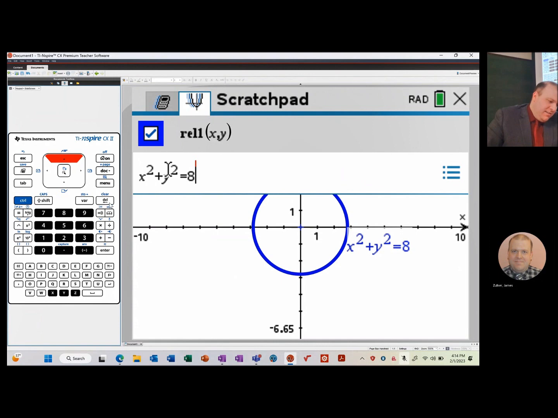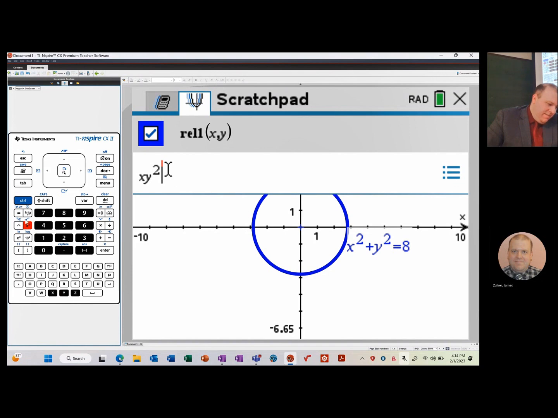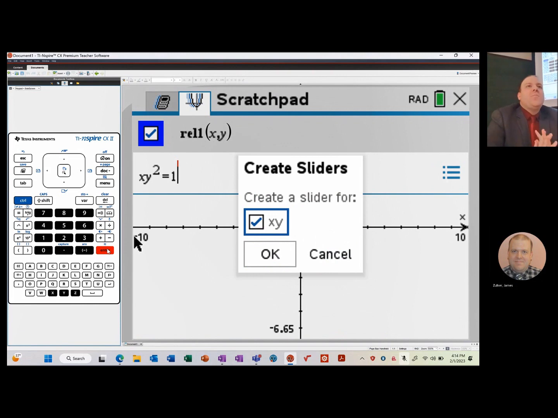Let's go ahead and delete this relation because we have a new relation. So we want xy squared, right? Is equal to 1. It gives me an error.